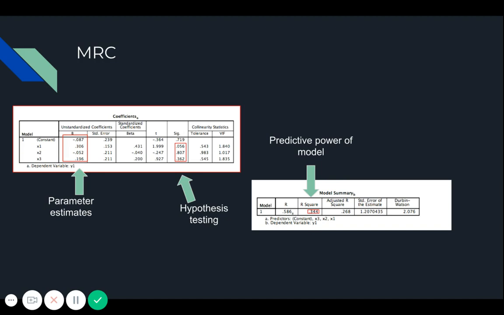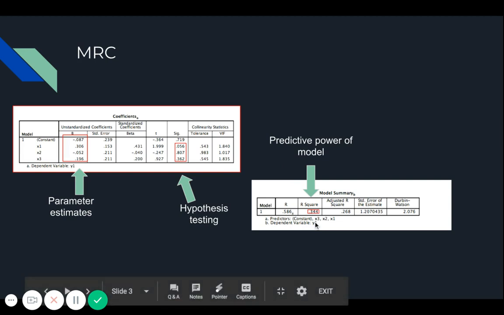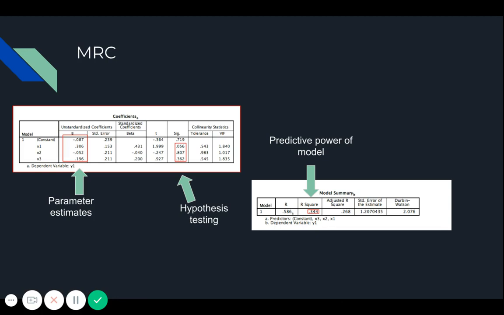Our goal in MRC is to select a straight line that minimizes the sum of squares of the parameter estimates. So we compute the line of best fit with the least amount of error by computing the least squares estimates of the regression coefficient. So this is our R-squared term, and the R-squared tells us how powerful of a predictor our model is of our outcome by telling us how well our regression line accounts for the variation of the dependent variable.